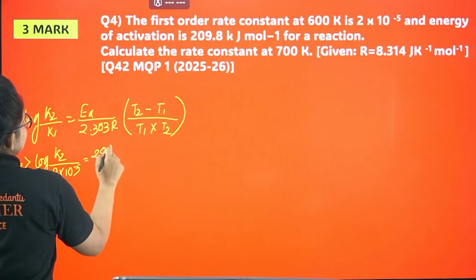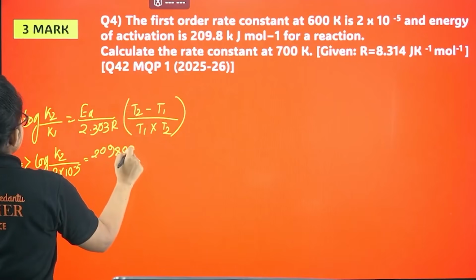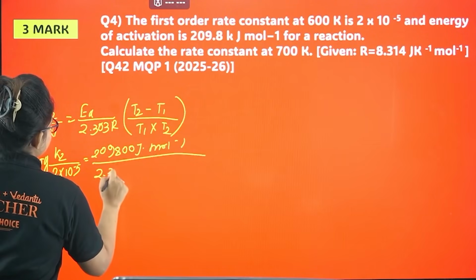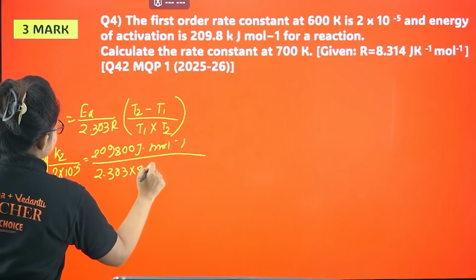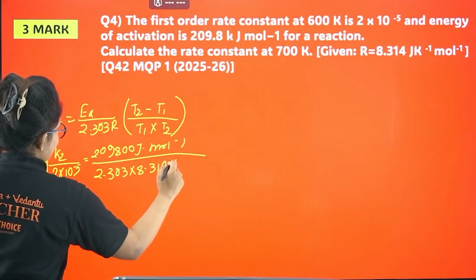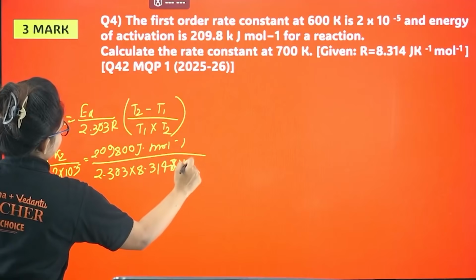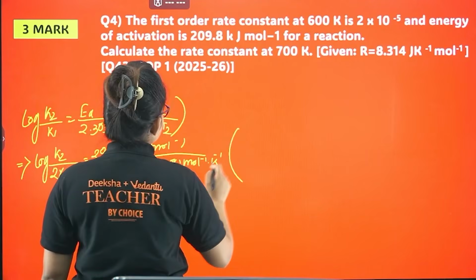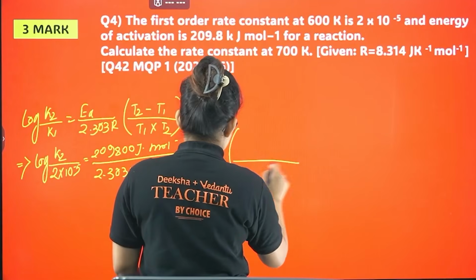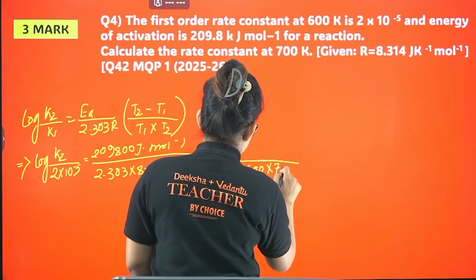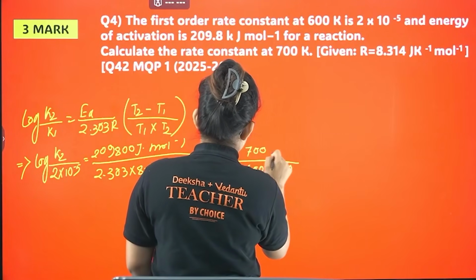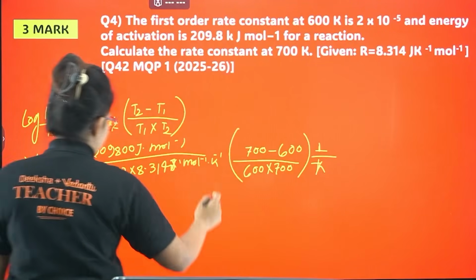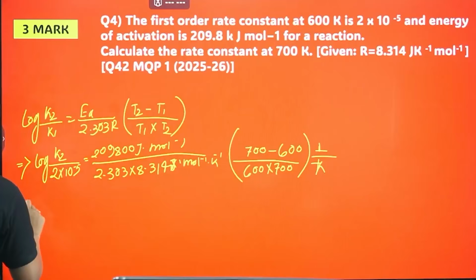So 209,800 joule per mole divided by 2.303 into 8.314 joule per mole per Kelvin, into T1 and T2 values: 600 into 700, and here 700 minus 600 is 100. So everything will be cancelled out here, you can see.